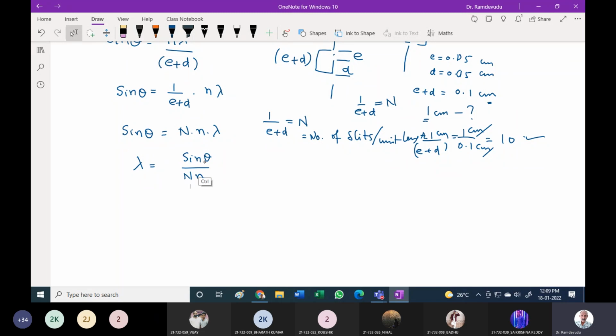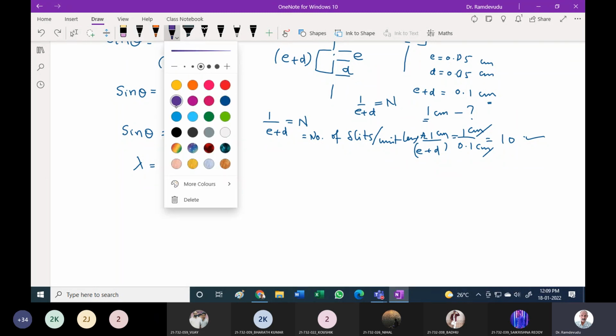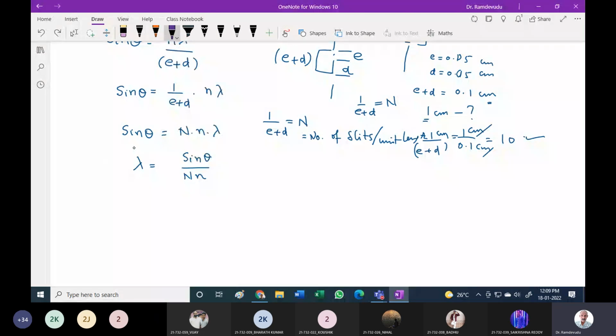Have you used the same formula for lasers? Yes, sir. Here lambda is the wavelength of the unknown source, which you have found. To find it, you measure theta, that is the angle of diffraction.